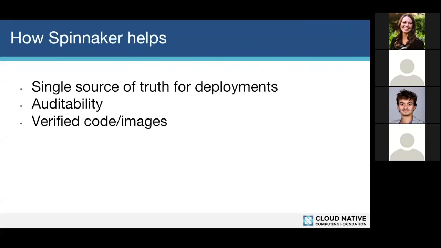If everything is always deployed through Spinnaker, then there is no question of Spinnaker being up to date, because if it's not, then it's simply not going to work. It gives you auditability because you can see who did what, and you can create templated pipelines that use these verified images and code, these golden images that we talked about before.